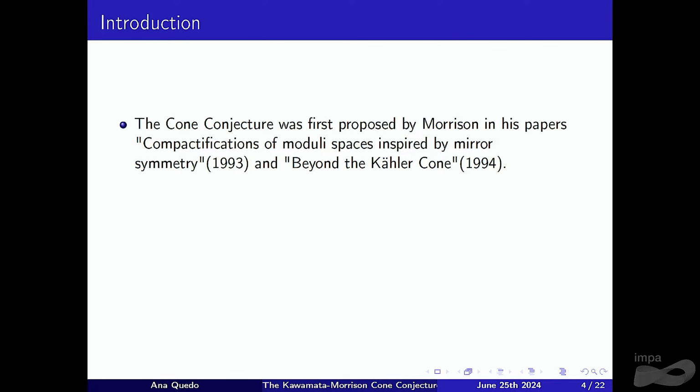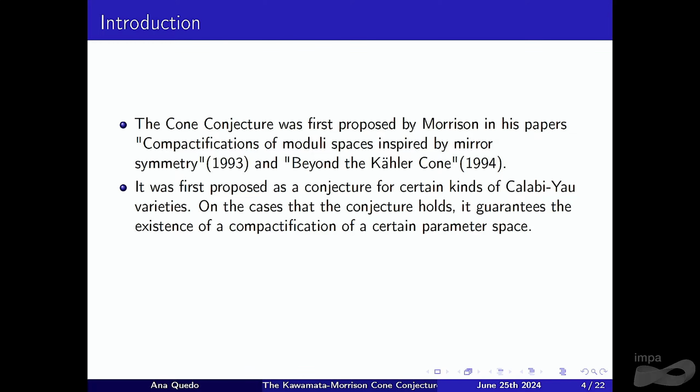But before, let's talk about how the cone conjecture appeared. The cone conjecture was first proposed by Morrison in his papers Compactifications of Moduli Spaces Inspired by Mirror Symmetry and Beyond the Kähler Cone. There, it was first proposed as a conjecture for certain kinds of Calabi-Yau varieties. In the case that the conjecture holds, it guaranteed the existence of a compactification over certain parameter spaces.